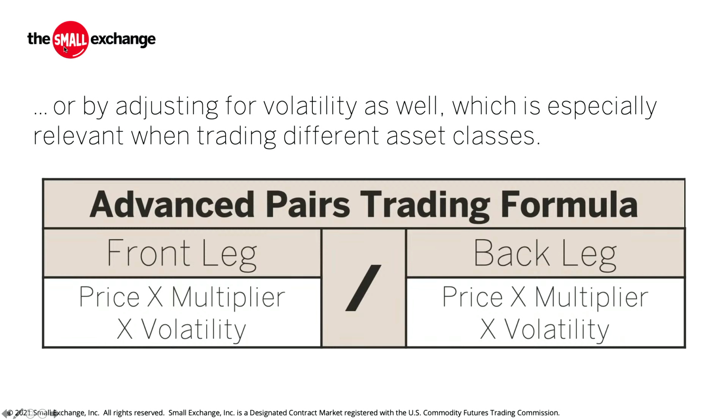And now this is something that, if you want to go with the more advanced pairs trading formula, be my guest, but I don't necessarily do this when I'm in the equity index world, because usually, as you can check in your trading platforms right now, when you jump from NASDAQ over to S&Ps, you'll see a pretty minor difference between the volatilities. So I don't necessarily adjust when I'm inside that same asset class.